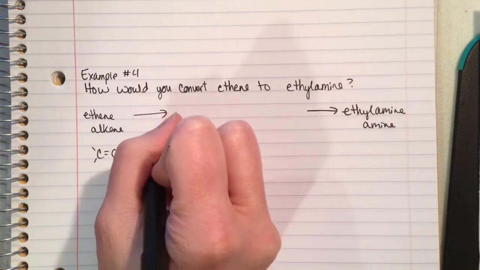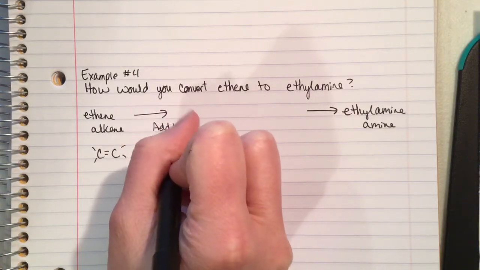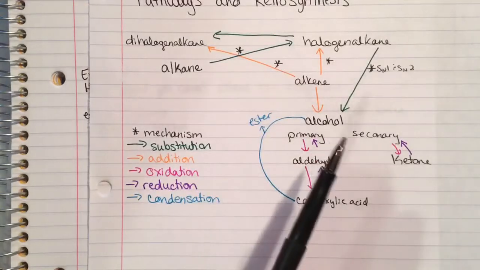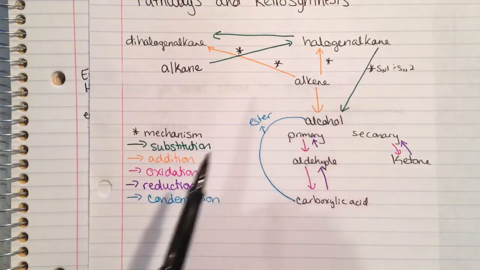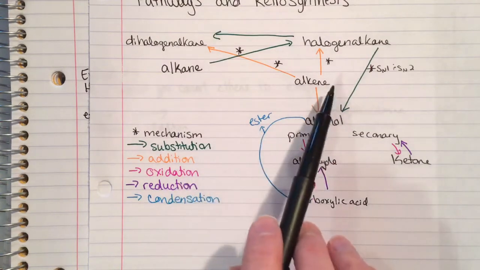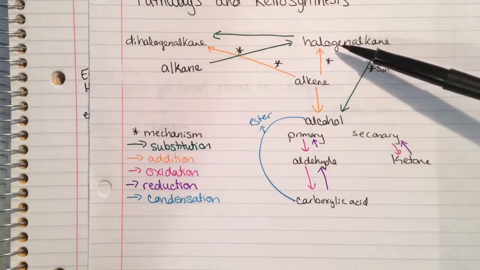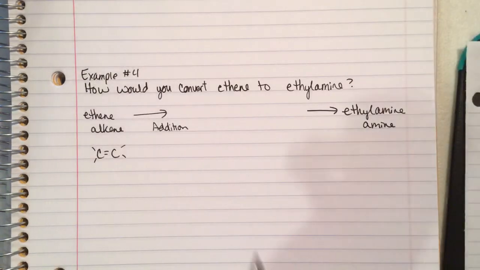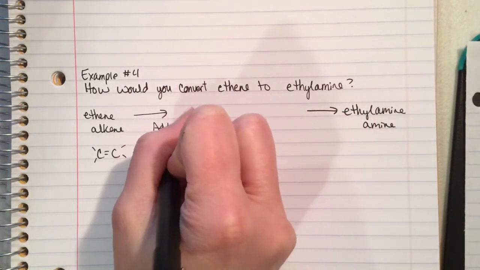So we're going to go through an addition reaction here, and we know it's addition because anything having to do with an alkene, notice all the orange arrows coming off of it, is an addition reaction. And so we're going to go ahead and put it up here to a halogen alkane. Okay? So we're going to addition this with HBr.